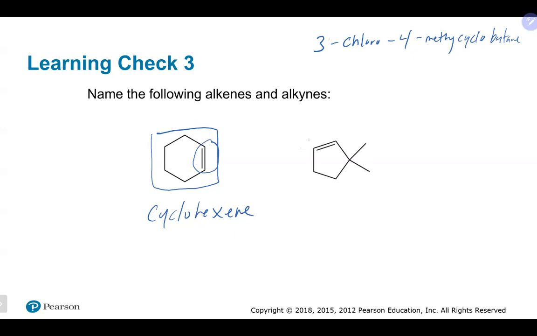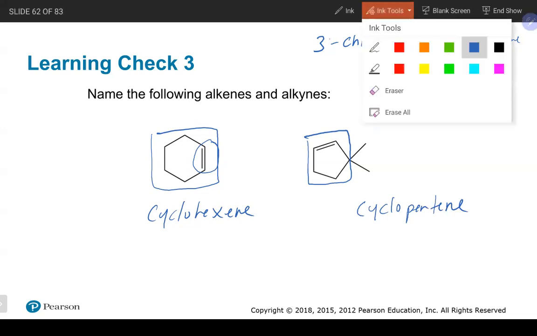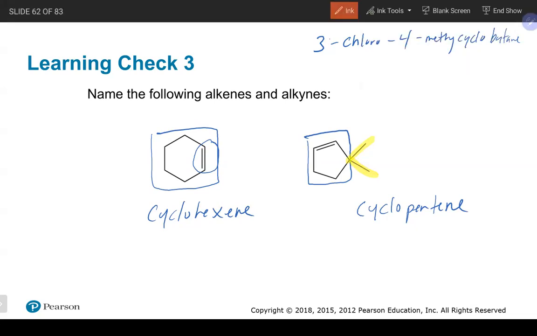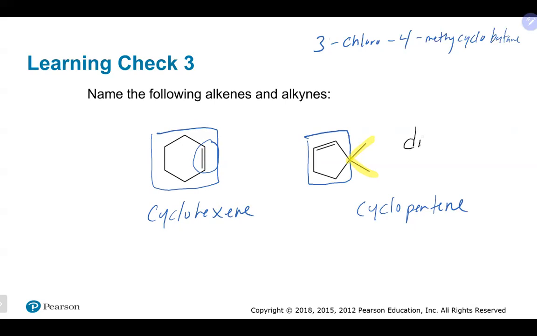Coming to the next one here, this whole thing would be our biggest carbon chain, and that would be 5 carbons, which would then become cyclopentene, as it also has a double bond. We also have basically 2 methyl groups hanging off of there.